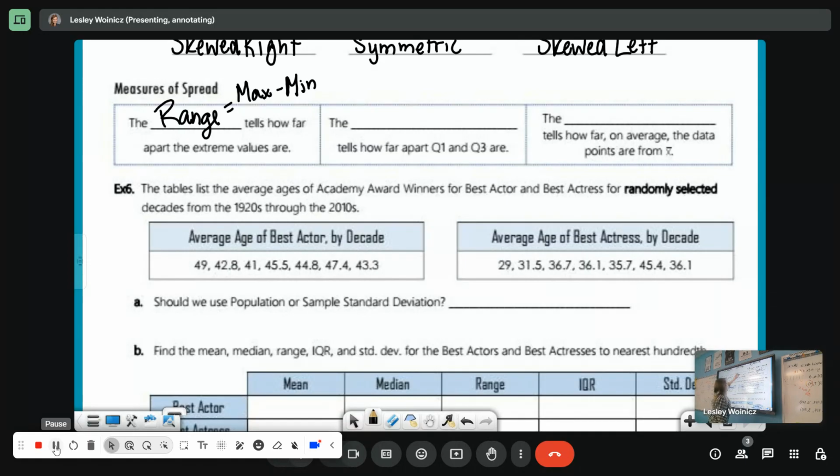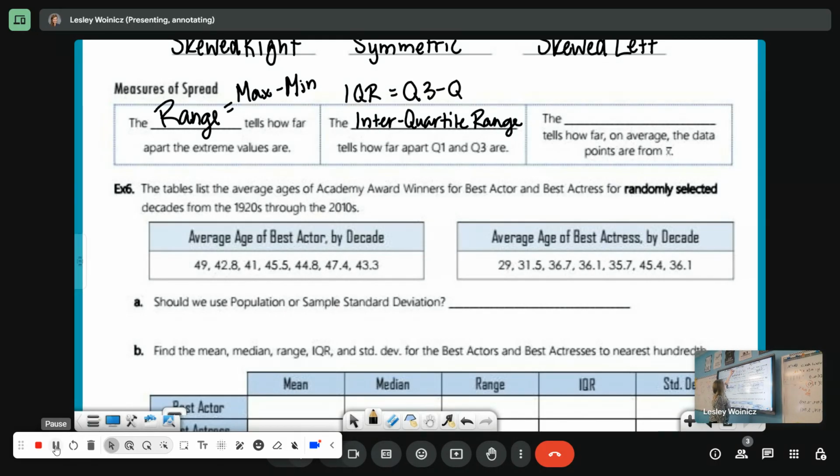All right, the interquartile range, that is the IQR, tells us how far apart Q1 and Q3 are. So the IQR is kind of like max minus min, except it's going to be Q3 minus Q1.